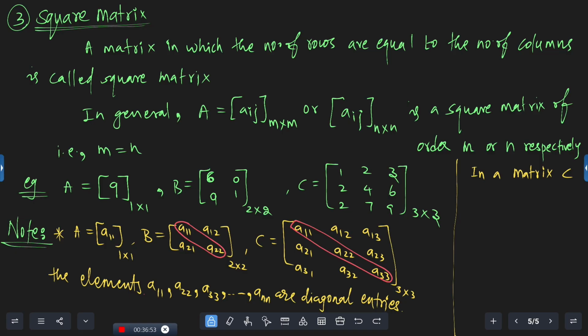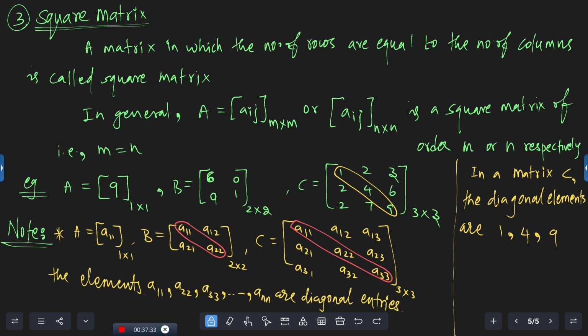In matrix C, the diagonal elements are 1, 4, 9. You can see this. This is called the diagonal elements. Have you understood, children, what a diagonal element is?